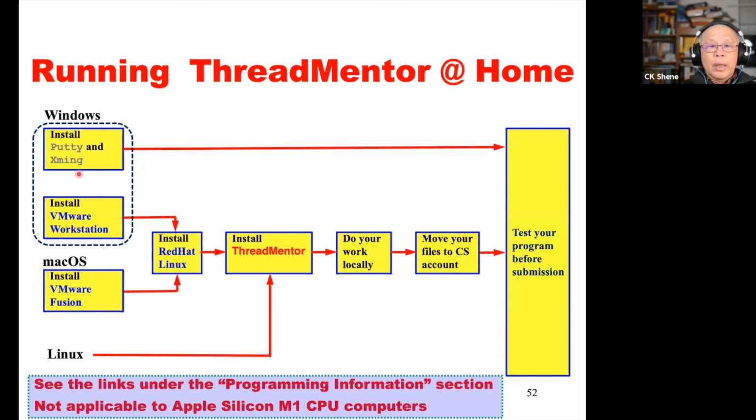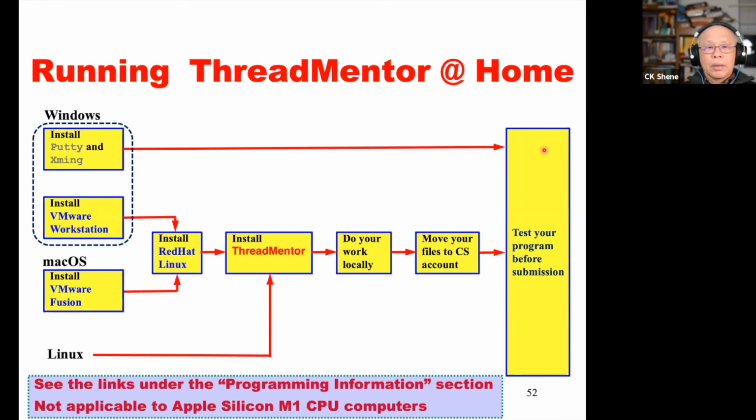So you need a second application called Xming. Install these two on your Windows machine. Then you could use PuTTY to log into your CS account. Use some editor there to create your program and run it, even with visualization. So this way, your submission is pretty easy.